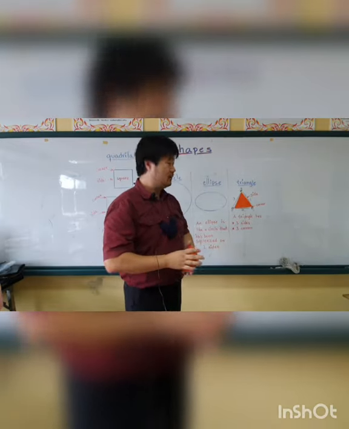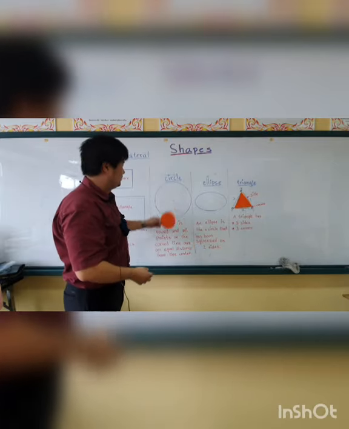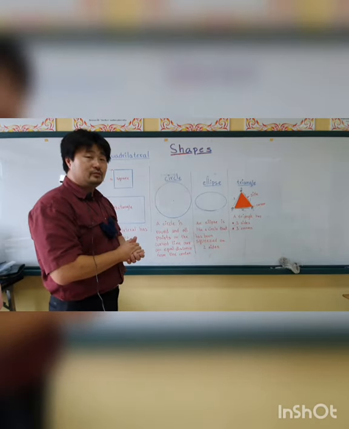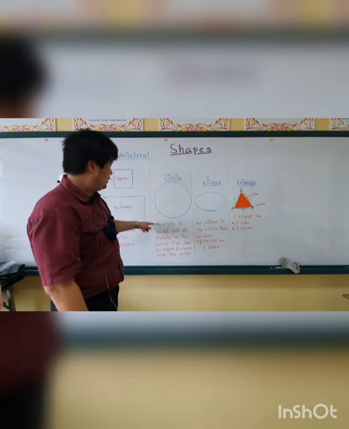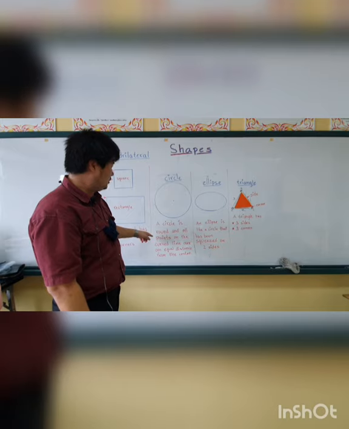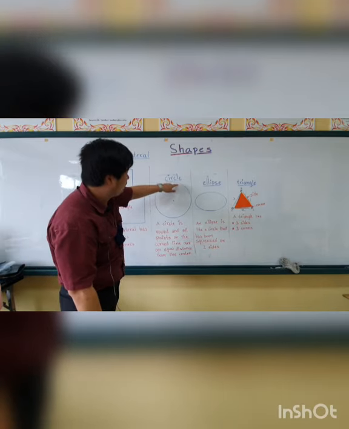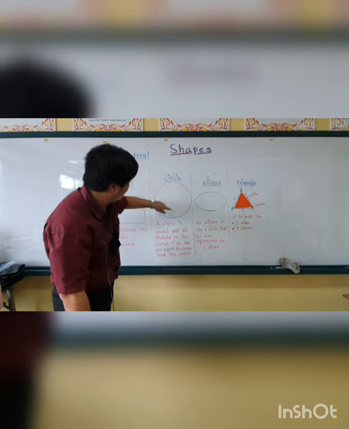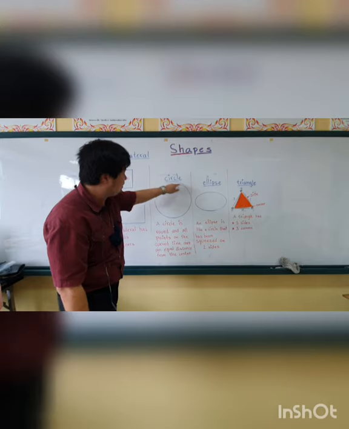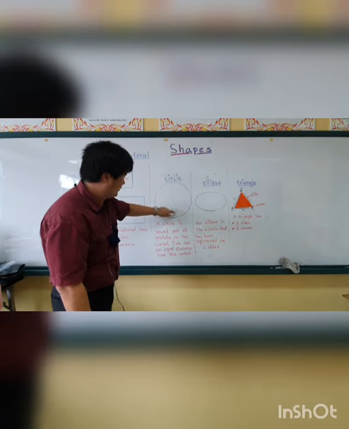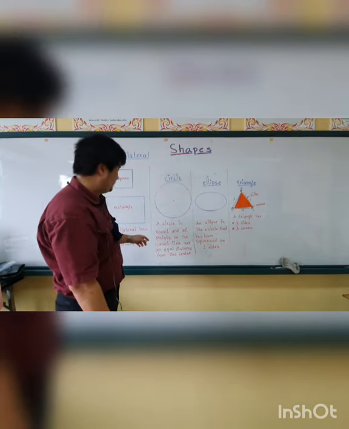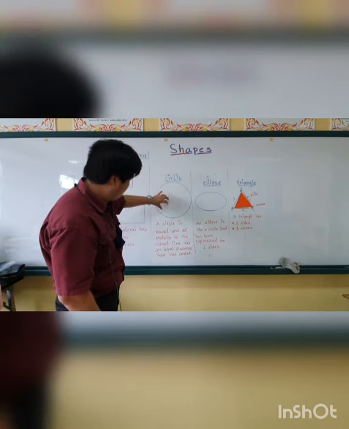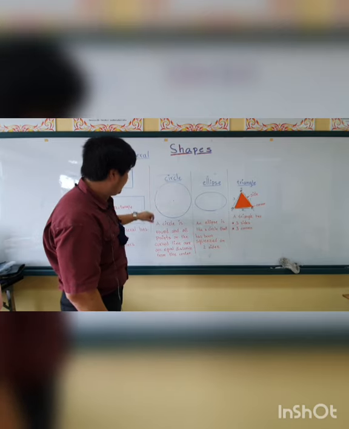And now we go to the circle. So what is the definition of a circle? A circle is round and all points on the curved line, this is a curved line, it goes around, every single point here, are at an equal distance from the center.